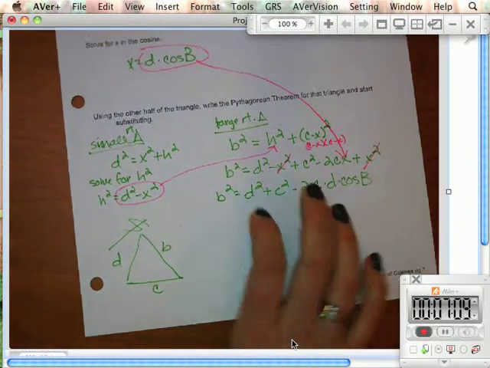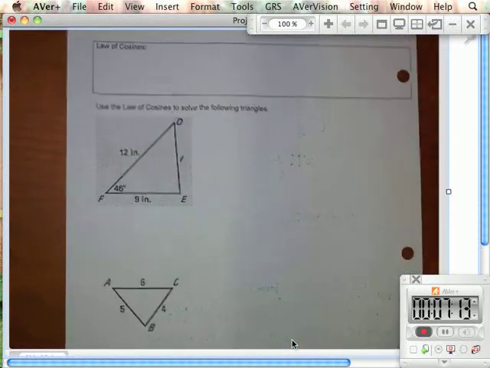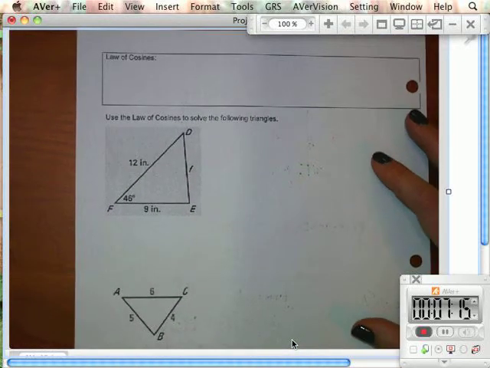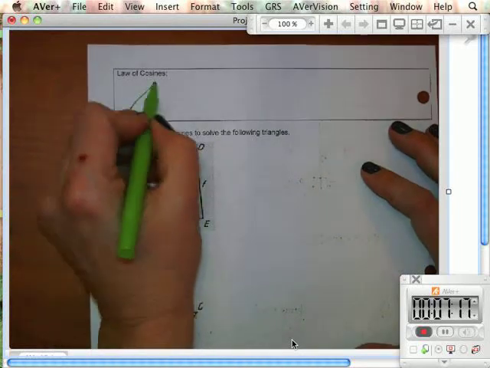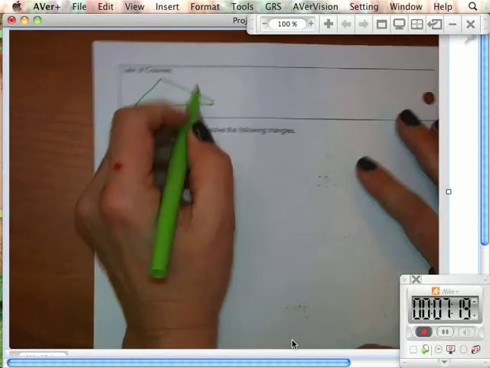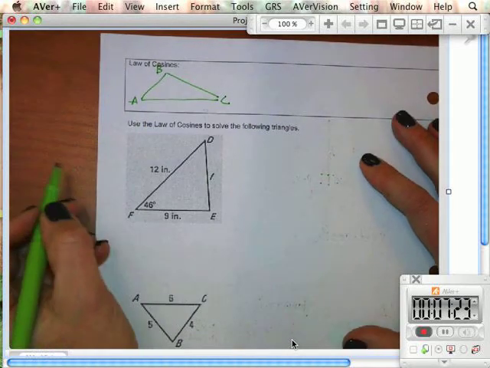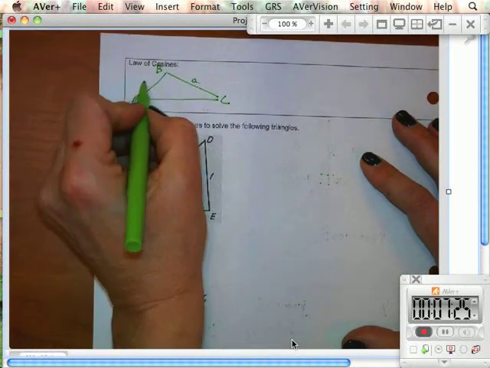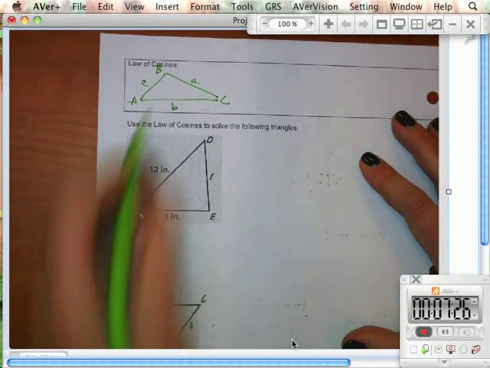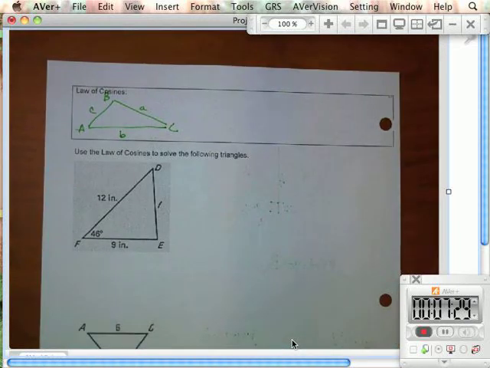Turn it over and let's do it again. We'll write these out. Draw a picture up here. A, C, B. Okay? Now there's 3 ways you may see the law of cosines written.